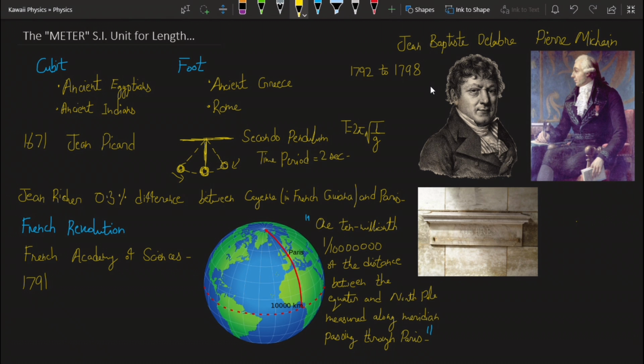When Delambre and Méchain completed their calculations, the platinum bar with the closest result to the calculations was selected as the meter, and it became the mètre des Archives.